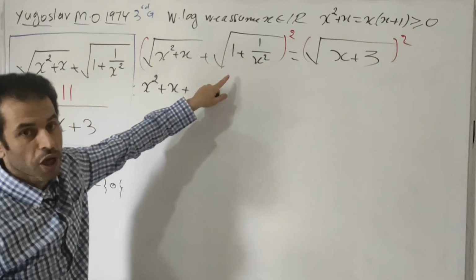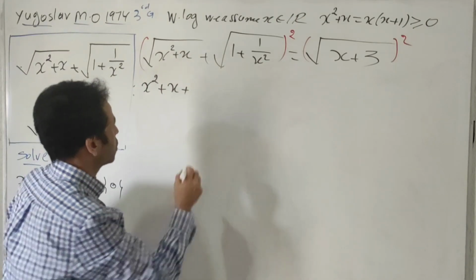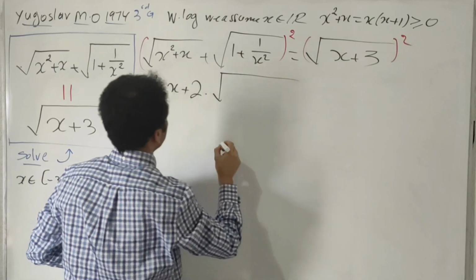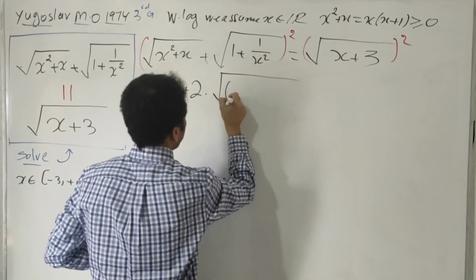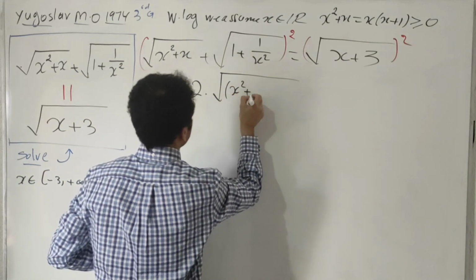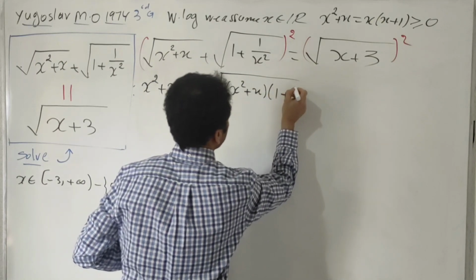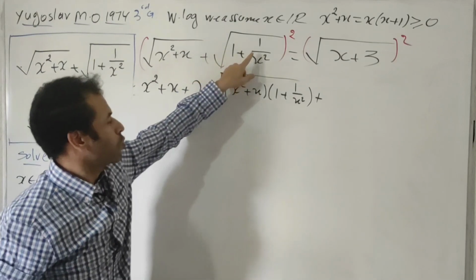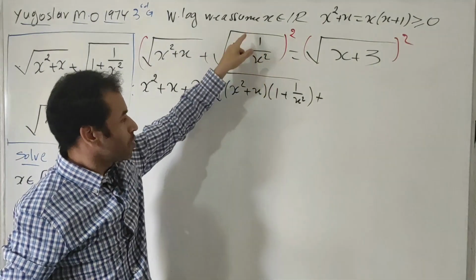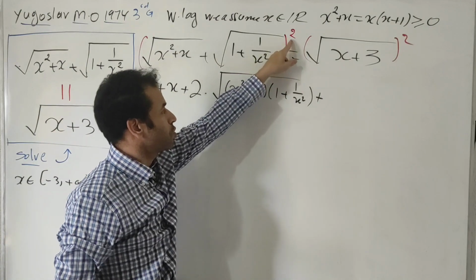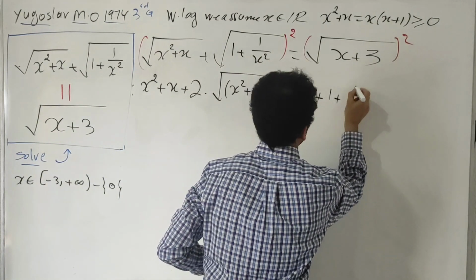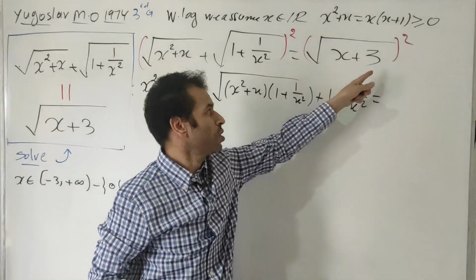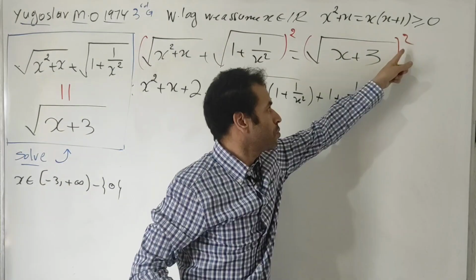The second term is 2 multiplied by the square root of the product of x squared plus x and 1 plus 1 over x squared. The last term is 1 plus 1 over x squared, by taking off this square root because of this square. The right-hand side of this equation gives us x plus 3, by taking off this square root because of the square.